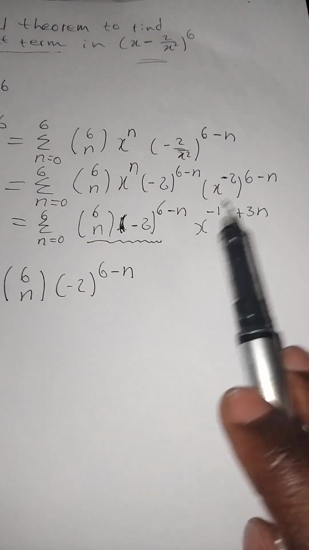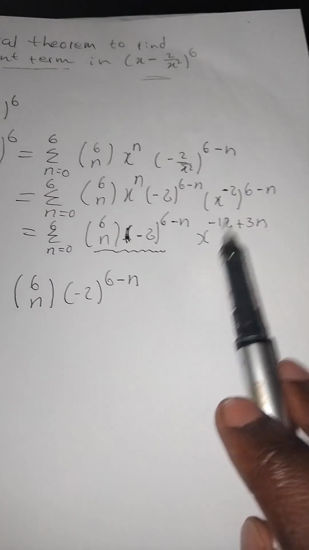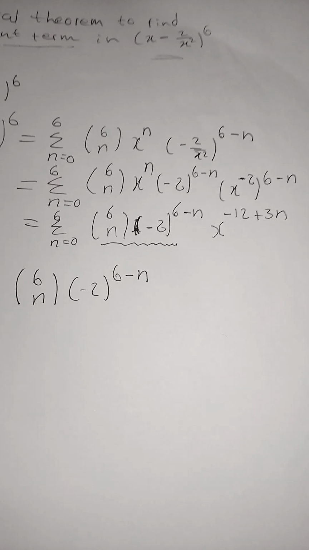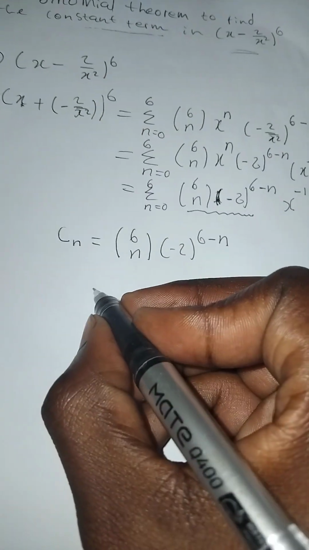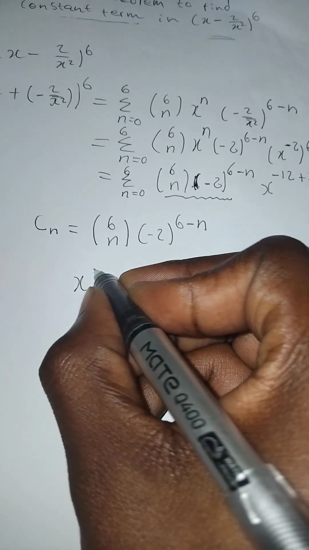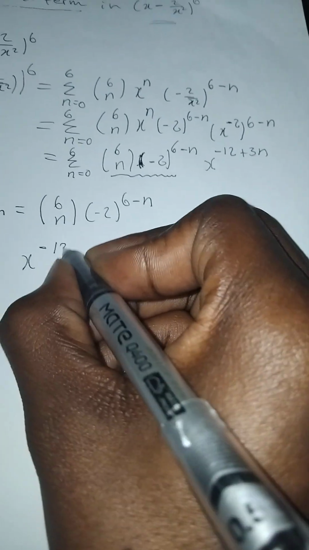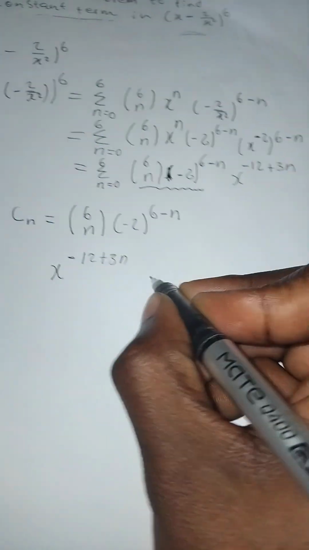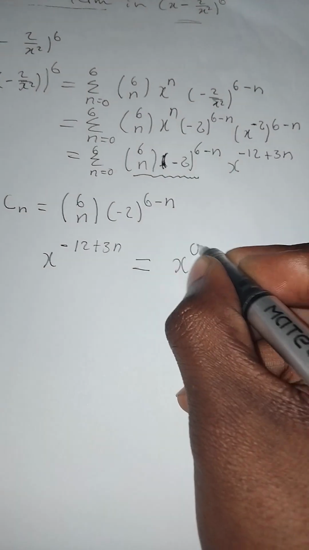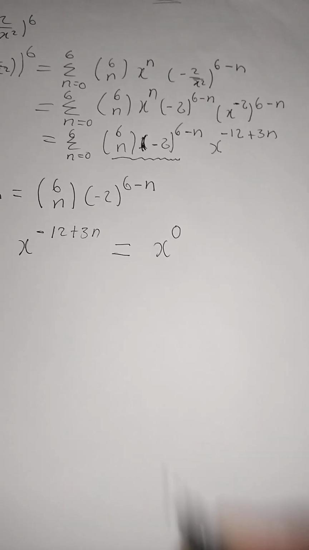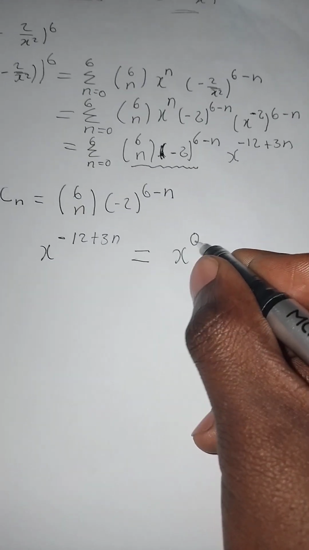Minus 12 plus 12 will give us x to the power 0, which is going to be 1. And x will go away in that case, isn't it? So we're basically going to say, okay, if we have x to the power minus 12 plus 3n, we want it to go away. We want it to have a power of 0. So it can only go away if it has a power of 0.